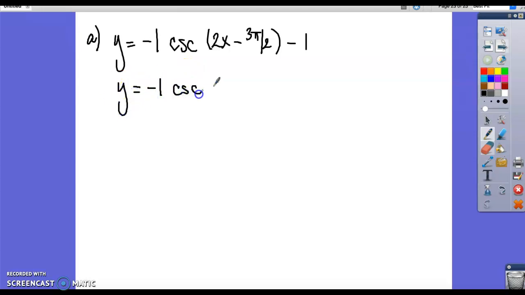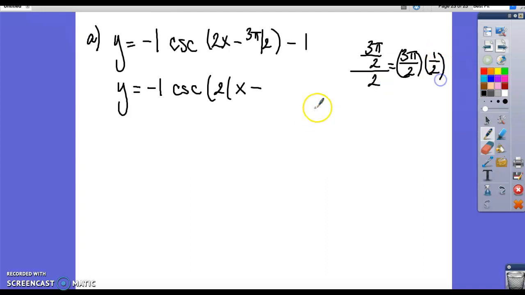So same thing as we were doing, right? We have to factor a 2 out. And when I factor a 2 out, that's like dividing by 2. When I divide fractions, I take the numerator and I multiply by the reciprocal of the denominator.